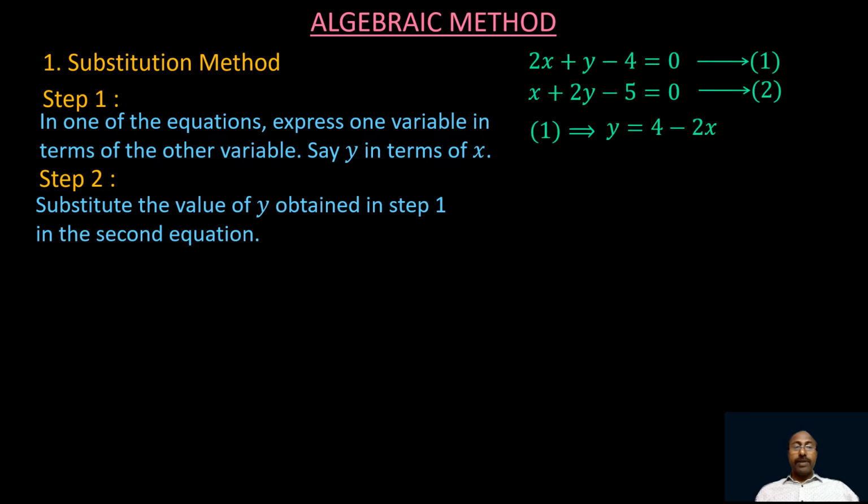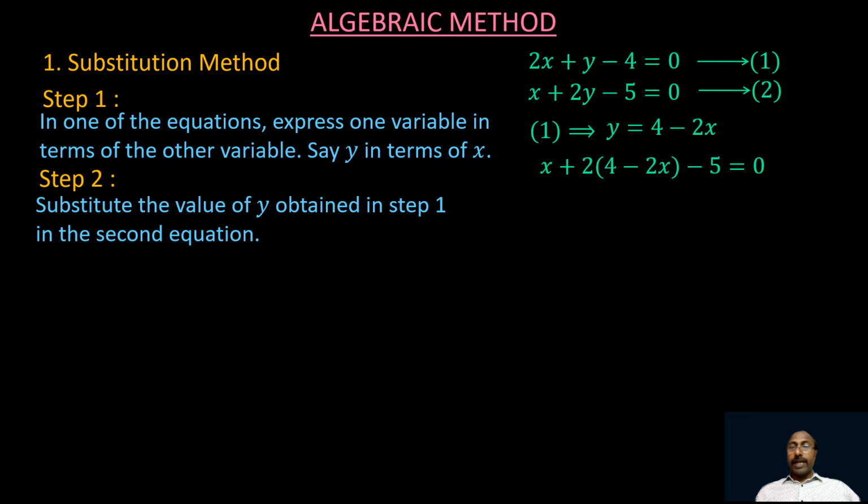In the next step, substitute the value of y obtained in step 1 in the second equation. That is, we have to substitute y equal to 4 minus 2x in equation 2. The value of y obtained from the first equation is to be substituted in the second equation.